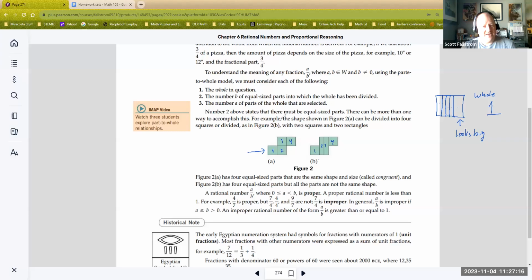So what we're saying is that either one of these would be okay because the pieces must be equal sized. Okay. So both of these are okay. You will probably start to see that your students prefer this one because the size and the shape does make it a little bit easier to see. Right?